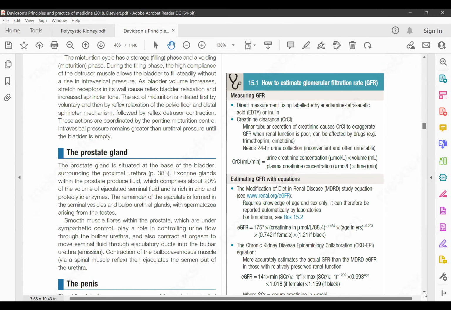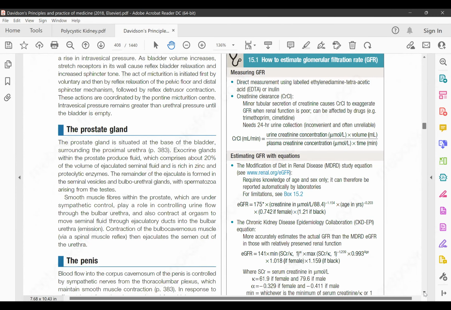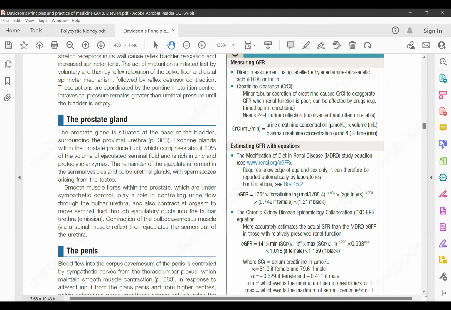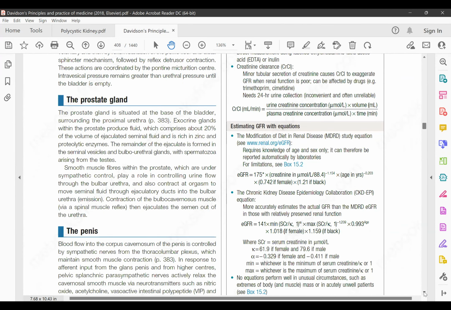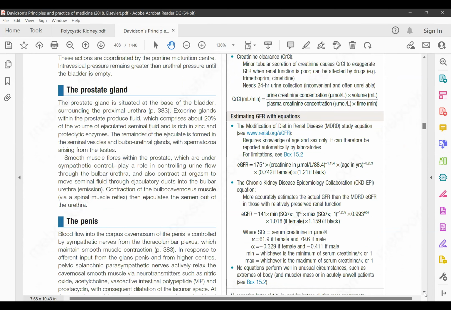So the modified MDRD equation can also be used, and this is available in Medicalc, the medical calculator. Just type the creatinine number, the age of the patient, and then the gender. I'll show you.